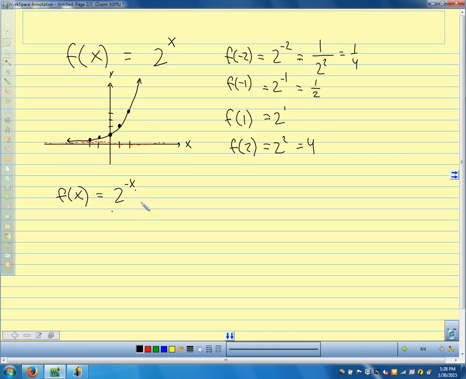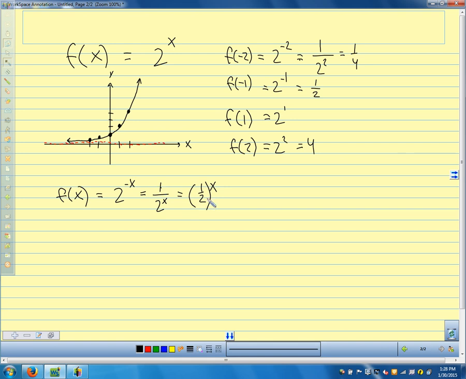I can rewrite 2 to the minus x, same thing that we did up here. I can write that as 1 over 2 to the x, and I can write that as 1/2 to the x. So 2 to the minus x is the same as 1/2 to the x.